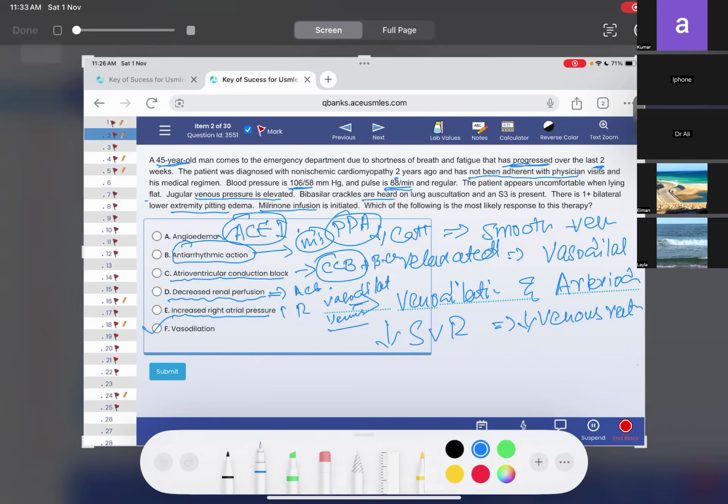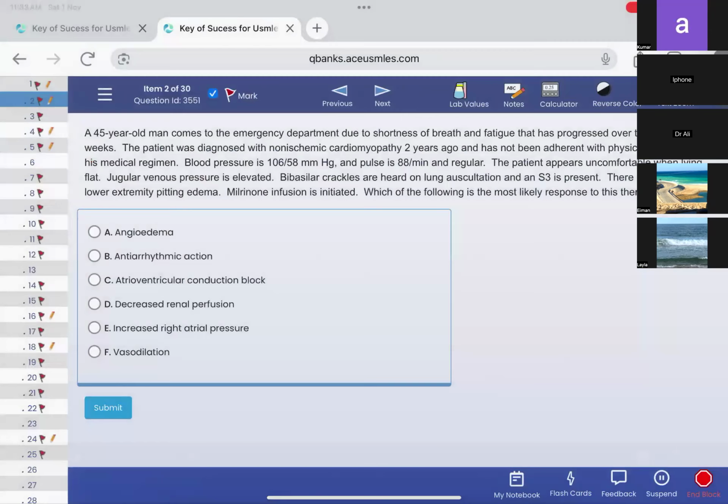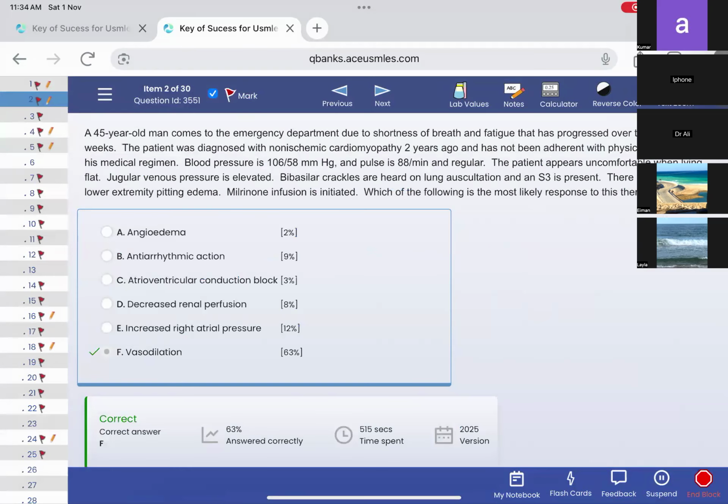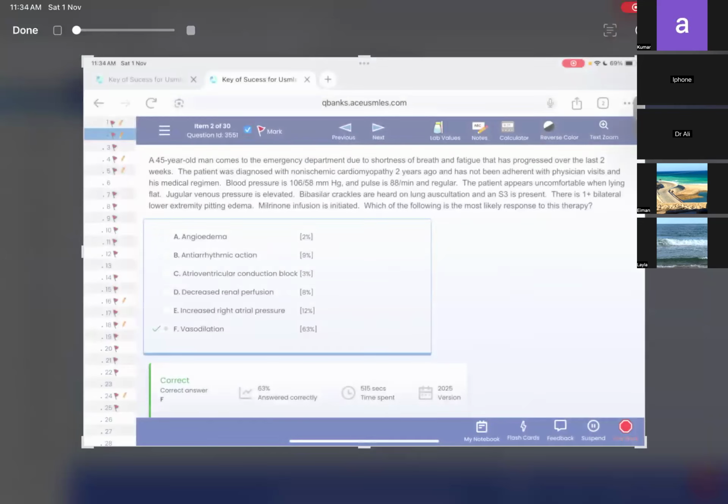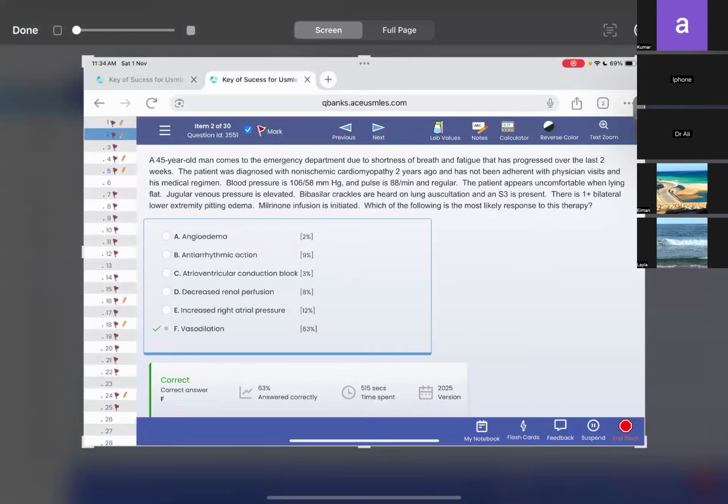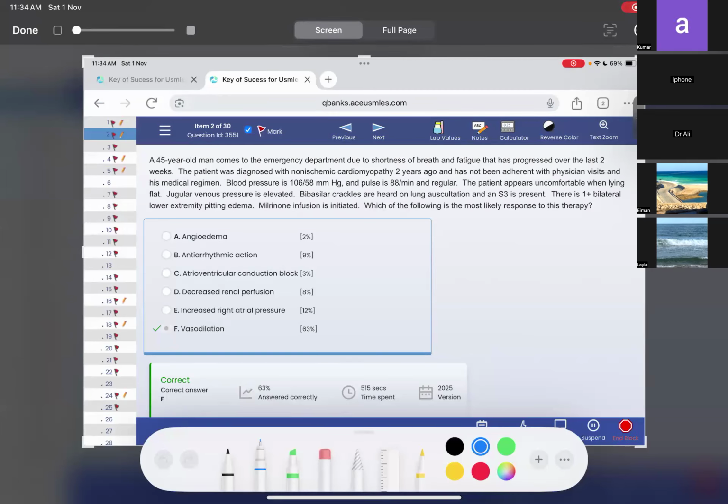So let's move to the option. Is this mechanism happening by increasing cyclic AMP? Yes.